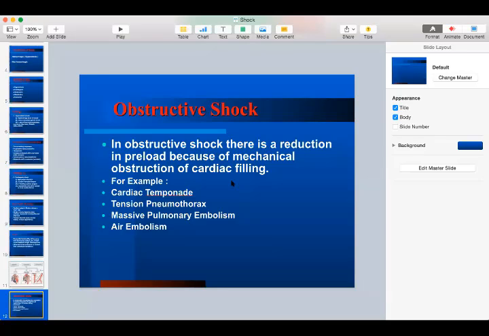Cardiac tamponade is blood that pools inside the pericardium, the fibrous capsule that surrounds the heart. It is basically a medical emergency in which it physically limits the heart from contracting fully, hence leading to an obstructive form of shock.